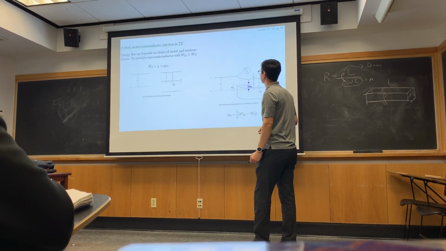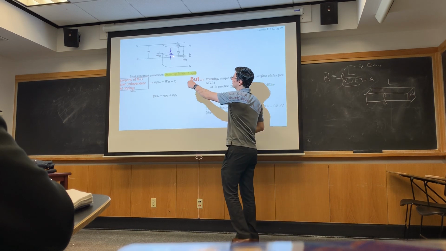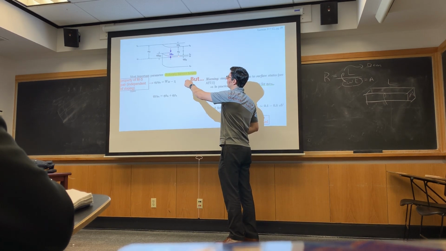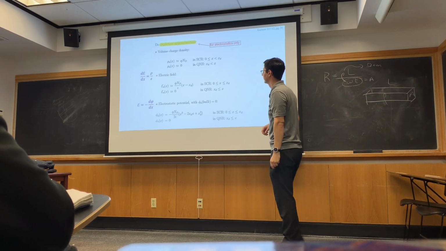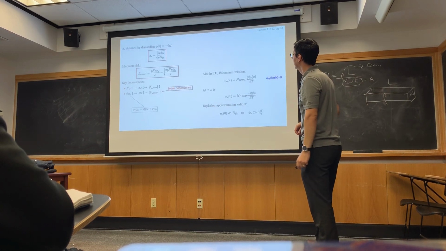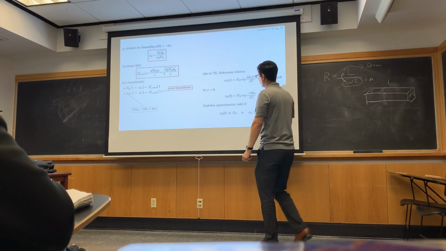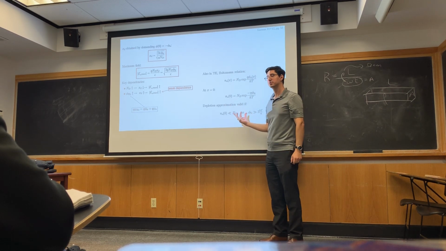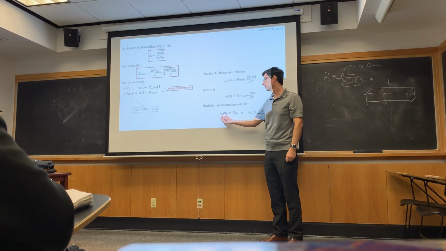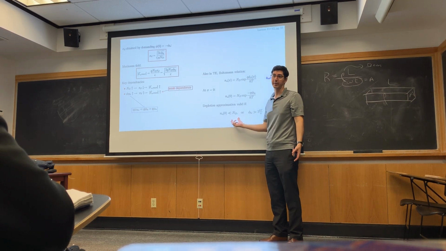If we go back and look at the band diagram, it just means that the conduction band is far enough away from the Fermi level that Maxwell-Boltzmann statistics is valid. And the depletion approximation is valid if my carrier concentration at the surface is much, much less than the bulk. Makes sense.